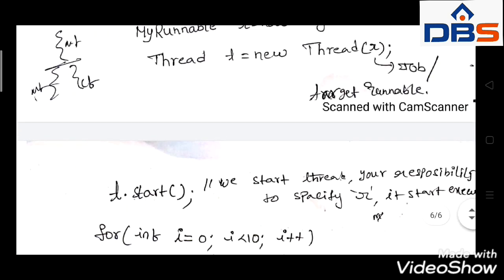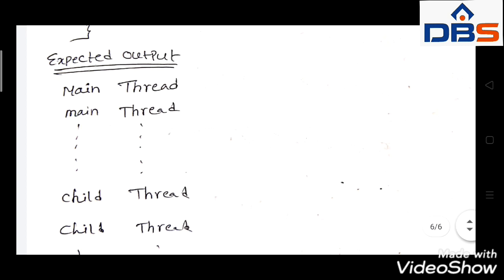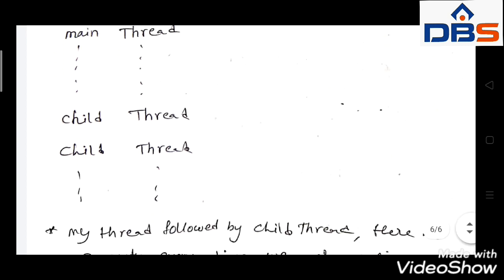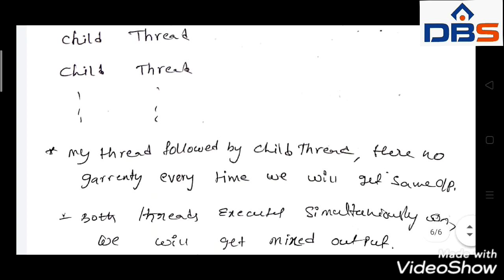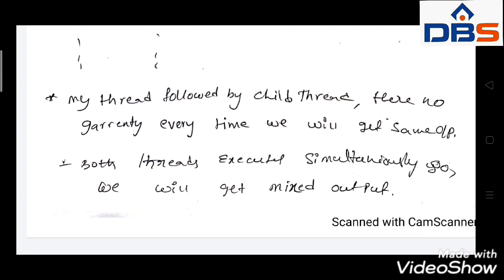In the previous program, sometimes main thread, sometimes child thread, the order of outputs changed, but here the main thread generally follows the child thread. Still, it is not guaranteed; it can change, since both threads execute simultaneously.